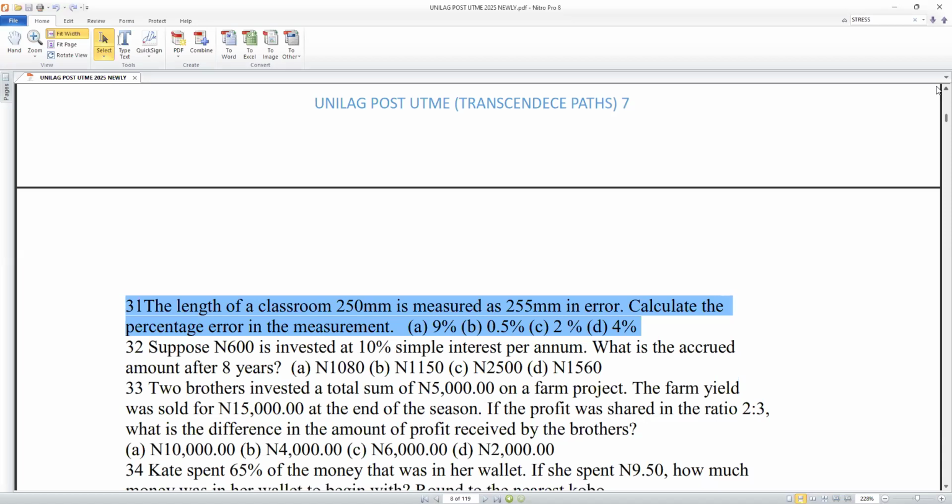You can do this now: 255 minus 250 over 250, times 100. Tell me the answer. It's a bonus question for you. You see this, 2%. Everybody, do you agree? Yes, it's 2%. Okay. Next question displayed.